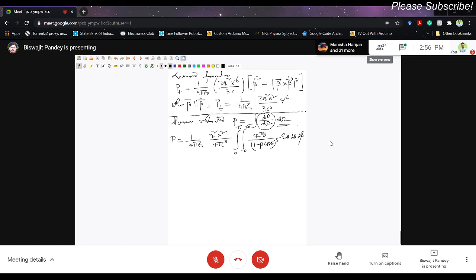Remember, when I write area, r square sine theta dφ, that's the element of area. But this is a solid angle, right? Sine theta dφ. Okay, so let us do this integral and see whether it gives us the same expression or not.